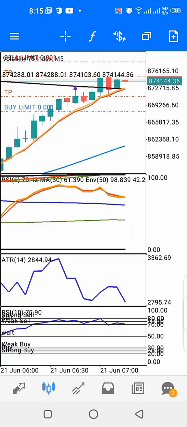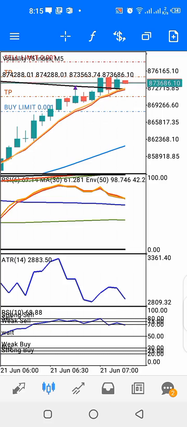Then for the sell limit, I set the take profit at 3,000 points. So if price should trigger any of these limits, I expect to make at least $3.